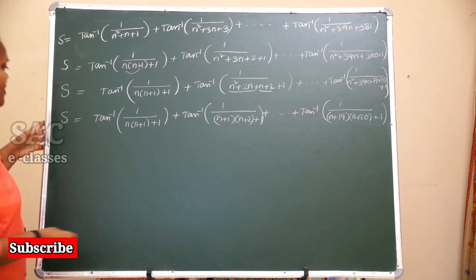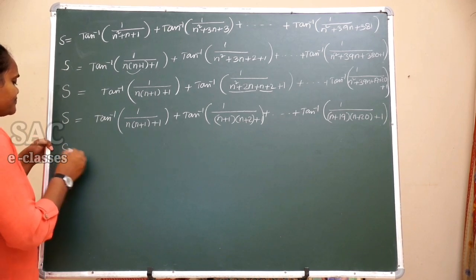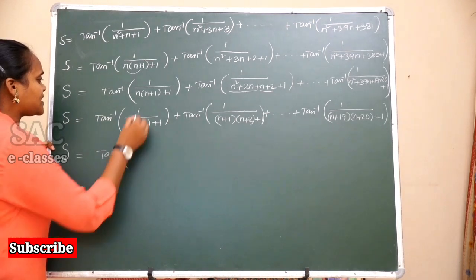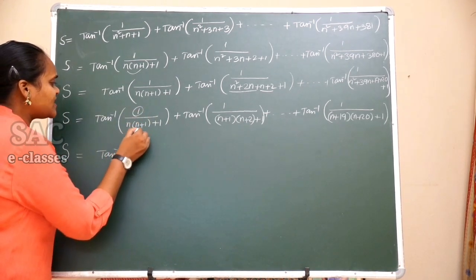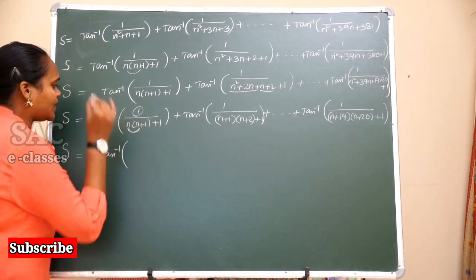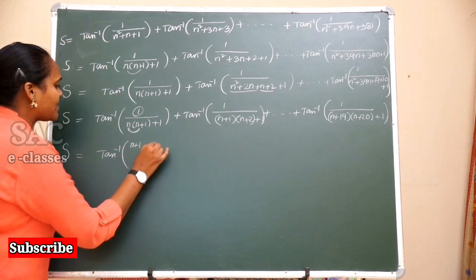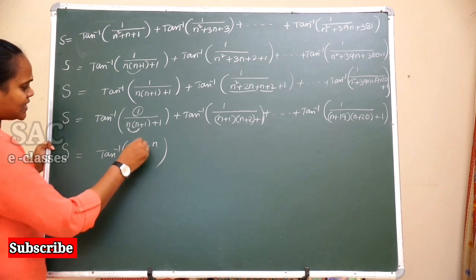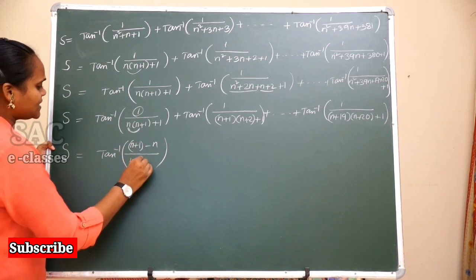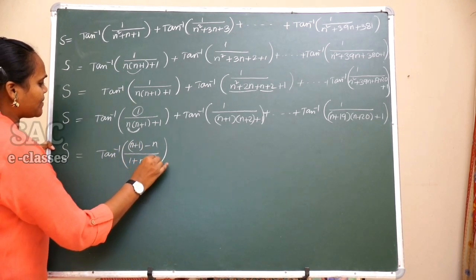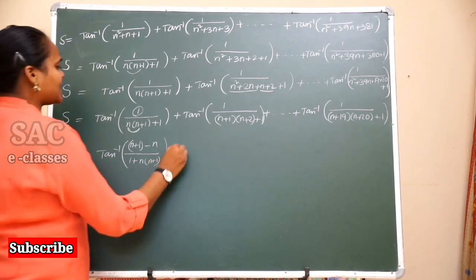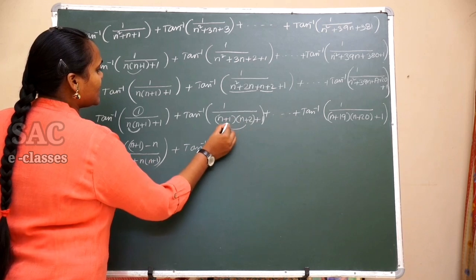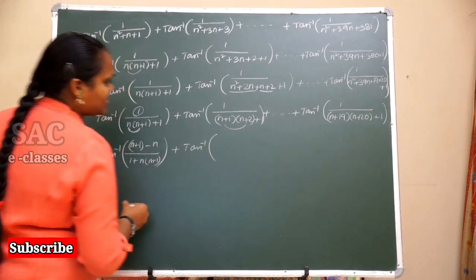Isn't it? Now S is equal to tan inverse. I am expressing this one as the difference between these two consecutive integers, that is n plus 1 minus n. Yes, I can write it as n plus 1 minus n by 1 plus n into n plus 1, plus. I hope you have understood the logic. Here also the difference between these two factors is 1.